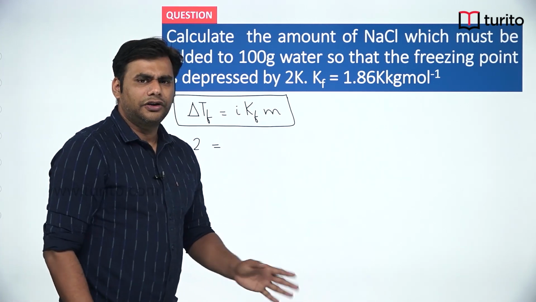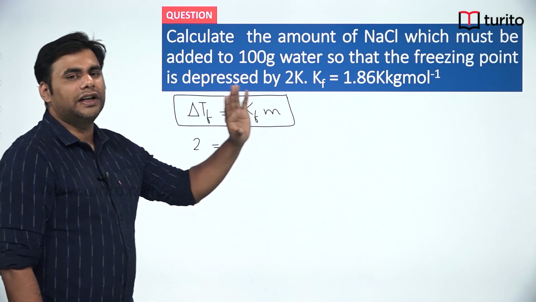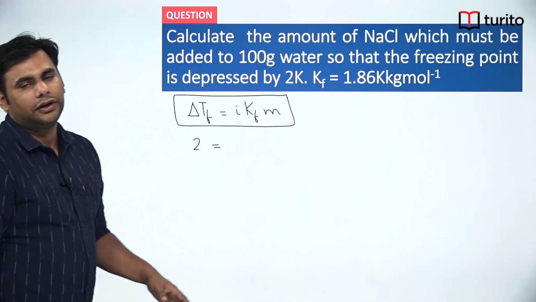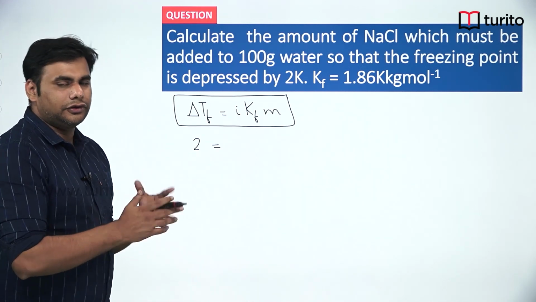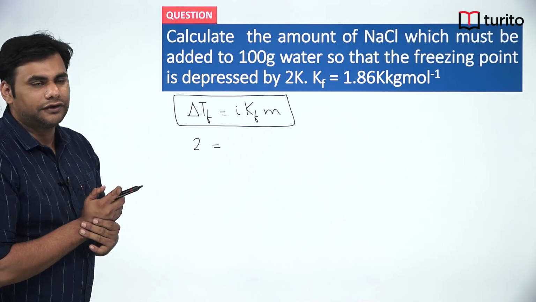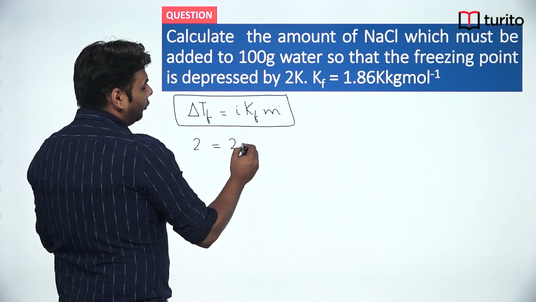We'll assume it is a strong electrolyte, and actually it is a strong electrolyte only. But in case the degree of dissociation is not written, we'll always assume the substance to dissociate into 2 ions. Or in this case we are saying that its degree of dissociation is 1. So NaCl will dissociate to give 2 particles. So Van't Hoff factor of this would be 2.